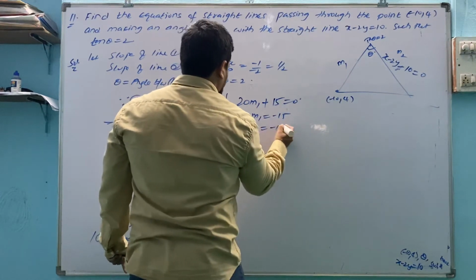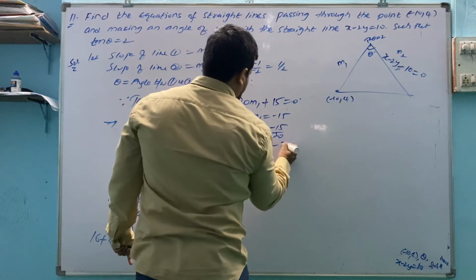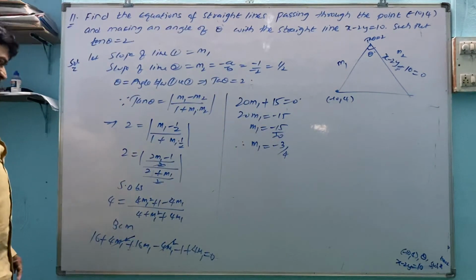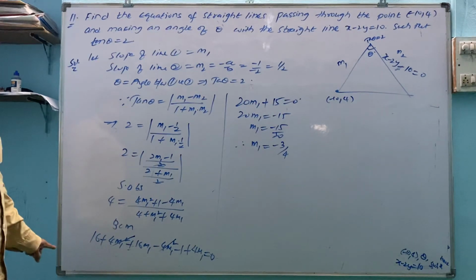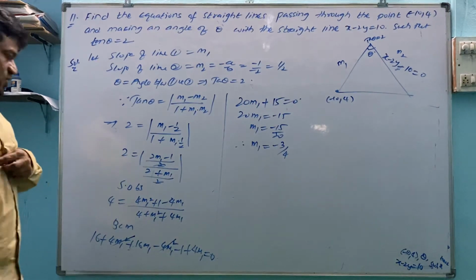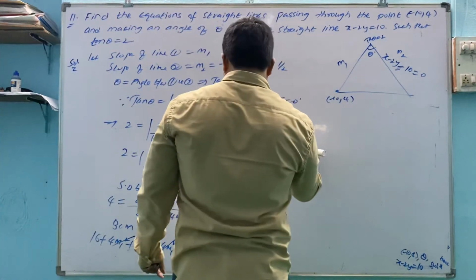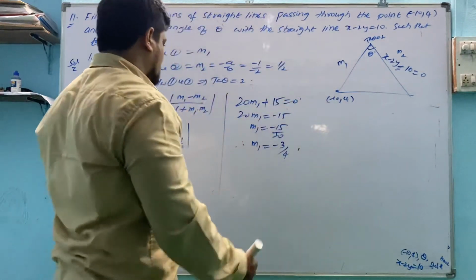m1 is equal to minus 15 by 20, so m1 is equal to minus 3 by 4. We got the m1 value. Whenever a square term is getting cancelled, you can consider one slope to be 0 also. It is your wish. If you consider 0, what will you get?